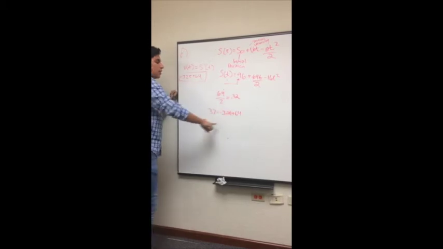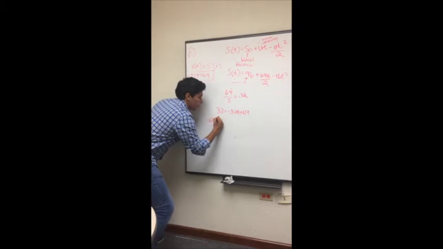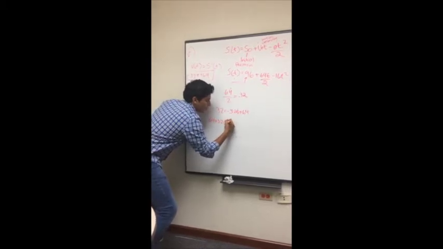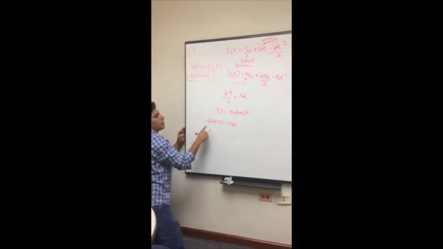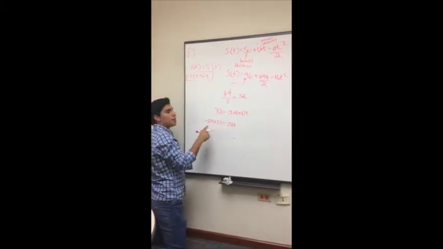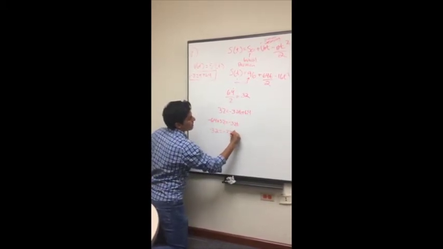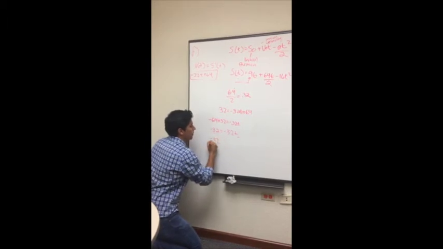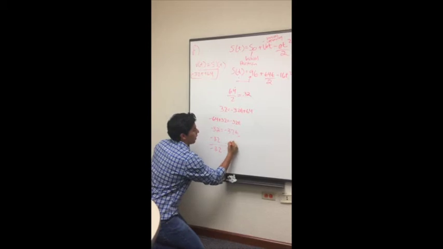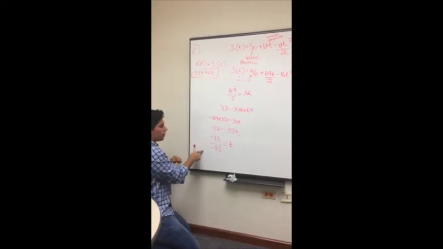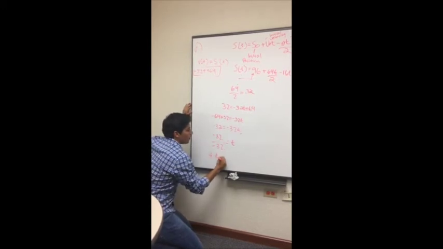So we pass the 64 to the other side, making it a minus. -64 + 32 equals -32t. Now -64 + 32 is -32, equal to -32t. Then -32 divided by -32. We have the time. Now minus divided by minus is positive, so we have plus 1 second.